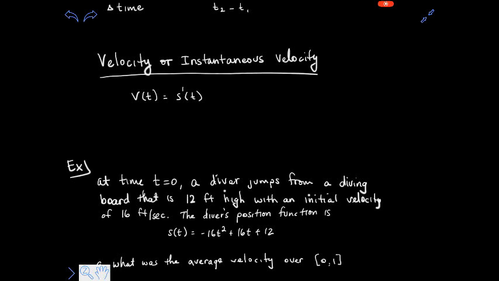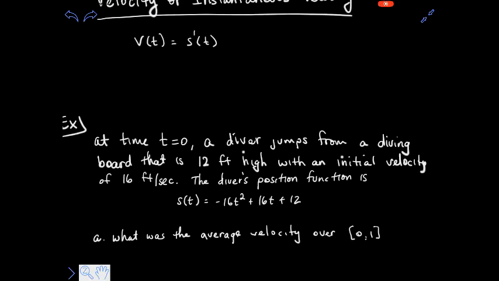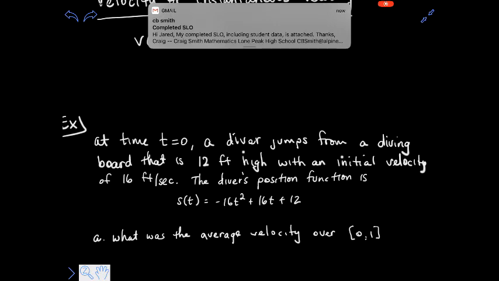So here's an example. At time t equals 0, a diver jumps off from a diving board. The diving board is 12 feet high. The diver jumps with an initial velocity of 16 feet per second.